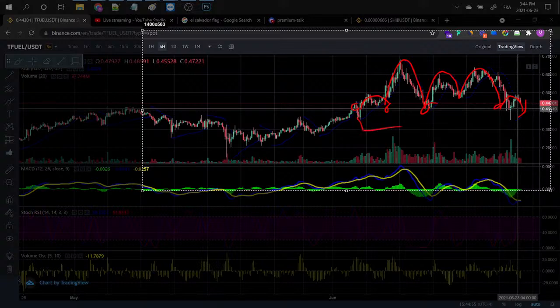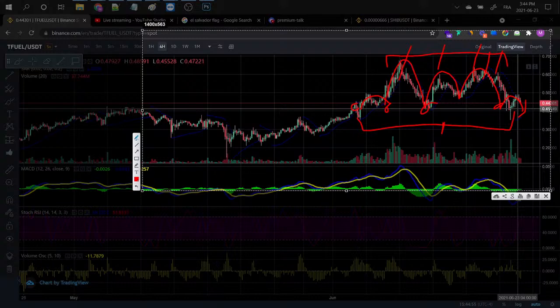So it's testing its support level many times. So be careful. This means that if it's testing its support level, and if it was at this all-time high and generated at least 6 pumps, well, this basically means that it is definitely having trouble reaching a better level for its pricing.